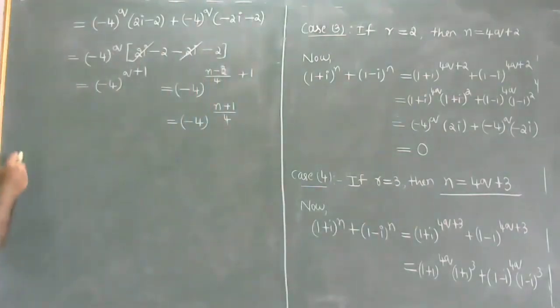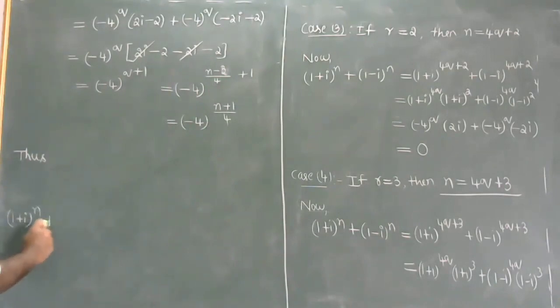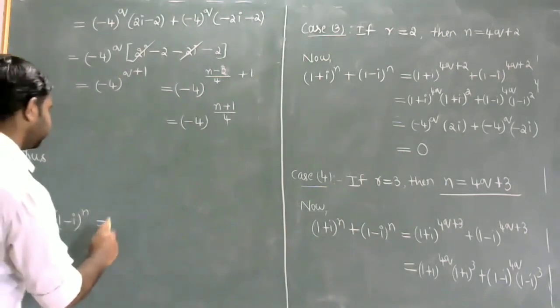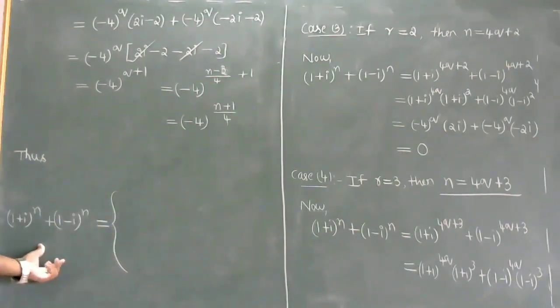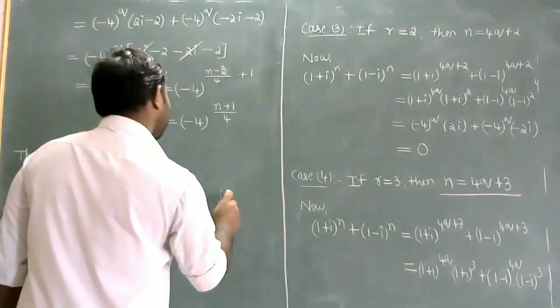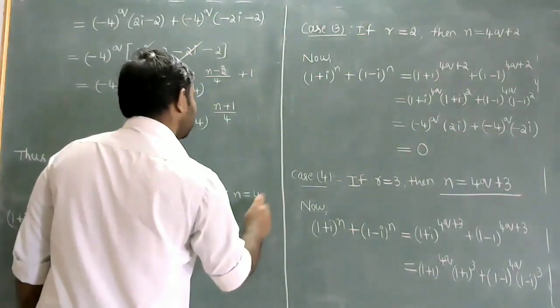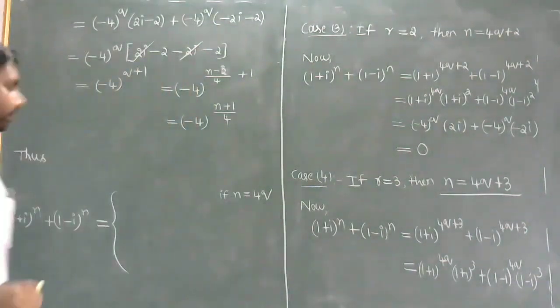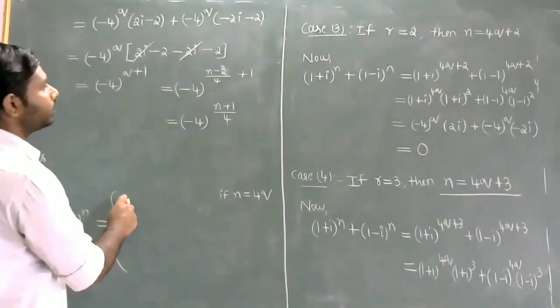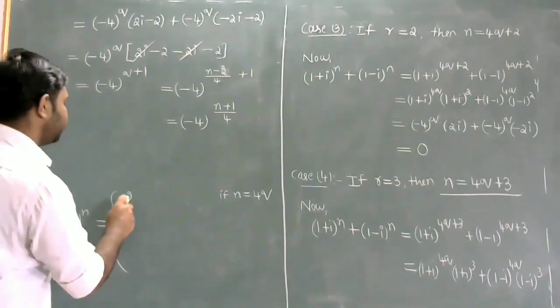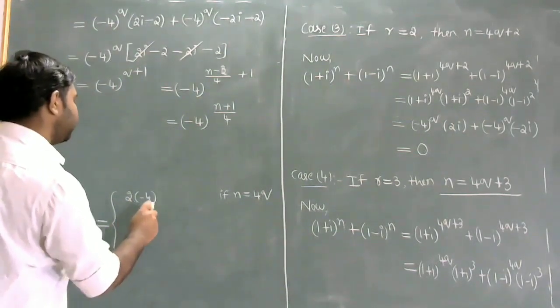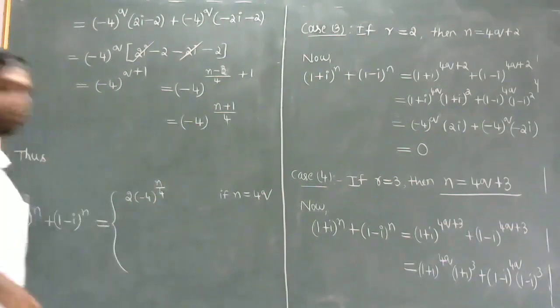So just we can conclude this. Thus the value of (1 plus i)^n plus (1 minus i)^n depends on the value of remainder, right? If remainder is 0, n will be of the form 4q. In that case the value we proved to be 2 into (minus 4)^(n by 4).